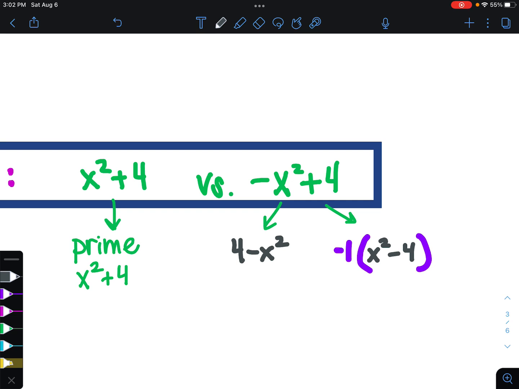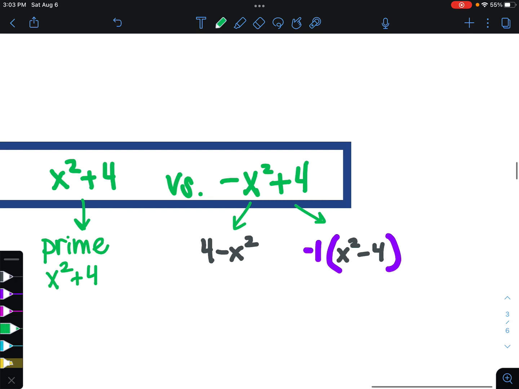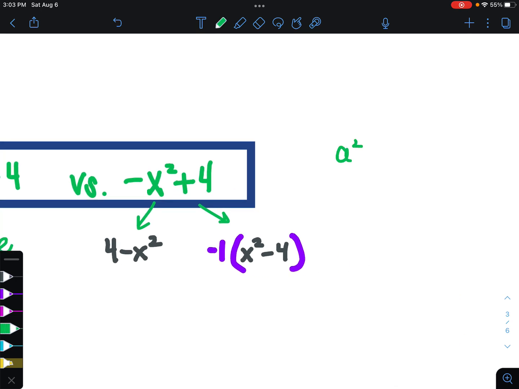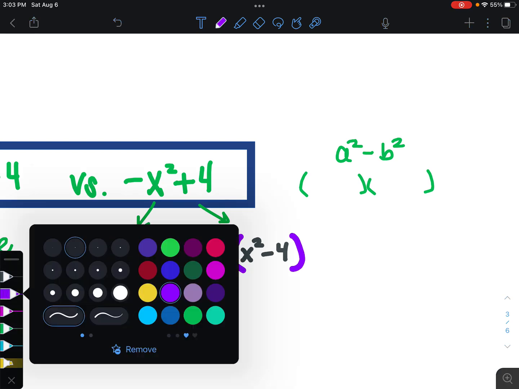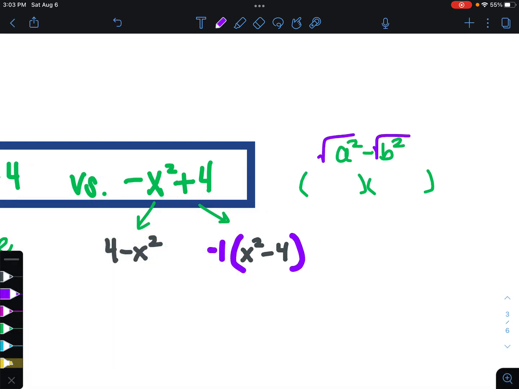Difference of two squares, the pattern tells us it's going to factor, if you had a squared minus b squared, the difference of two squares tells us to take the square root of both of them. And so we'd be left with a and b, and then one of the factors will be the sum of a and b, and one of the factors will be the difference.